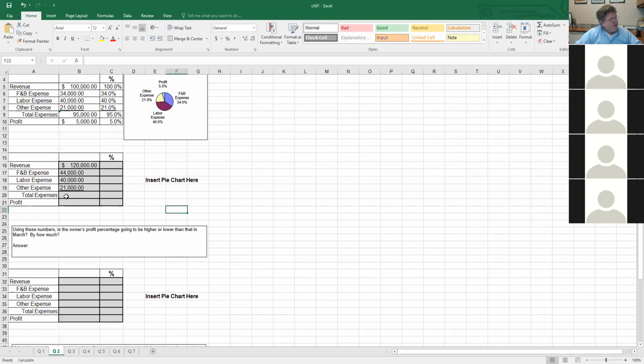So what's the total expense going to be? How do I calculate total expense? Add all those together. Yep. So if I add all those together, I'll get the total expense. And how do I figure out what the profit's going to be? There's a relationship between revenue and expense.